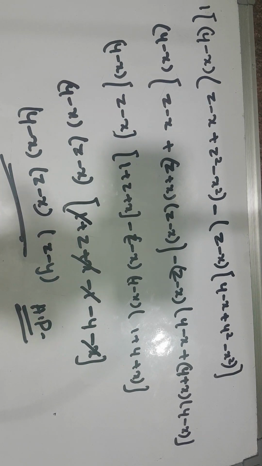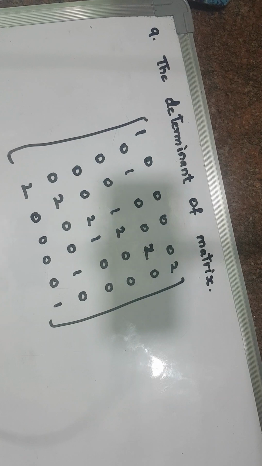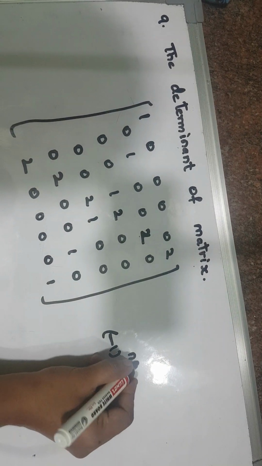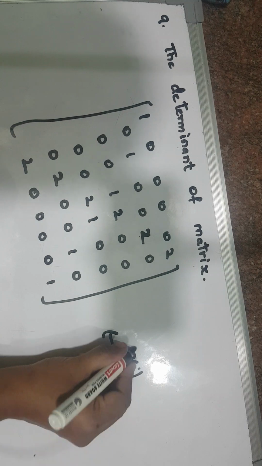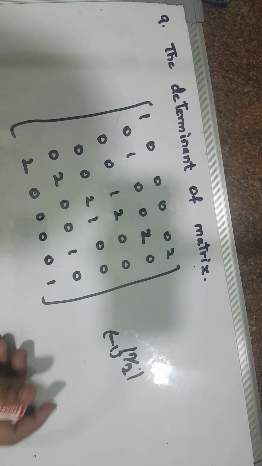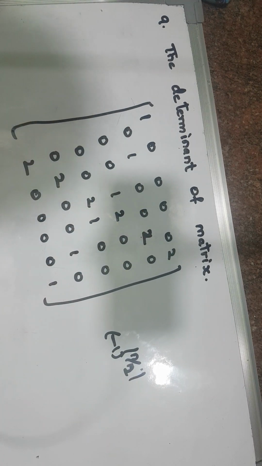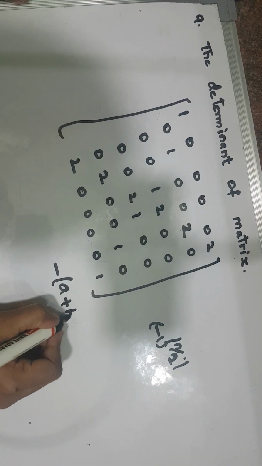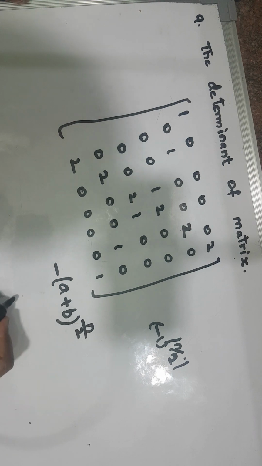Now coming to the other question. The last question I mentioned, finding the value of minus 1 whole power n by 2. Here these values are given. For this, use the formula minus of a plus b whole power n by 2.